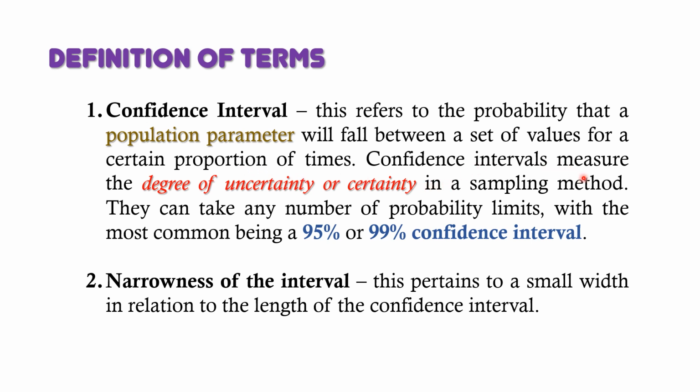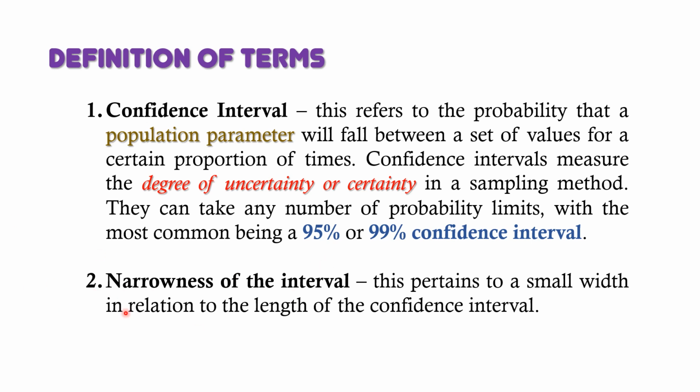So confidence intervals measure the degree of uncertainty or certainty in a sampling method. So how sure we are. They can take any number of probability limits, with the most common being a 95% or 99% confidence interval. So these are the most commonly used confidence intervals.